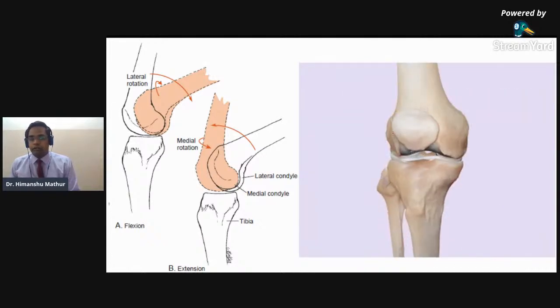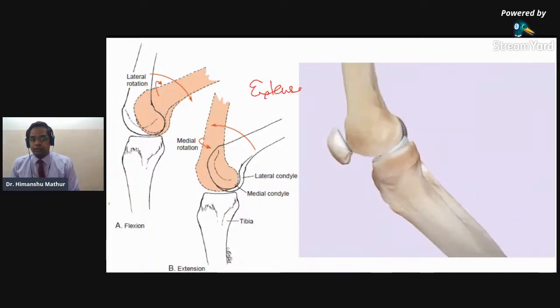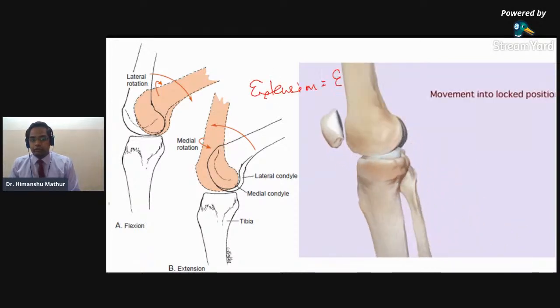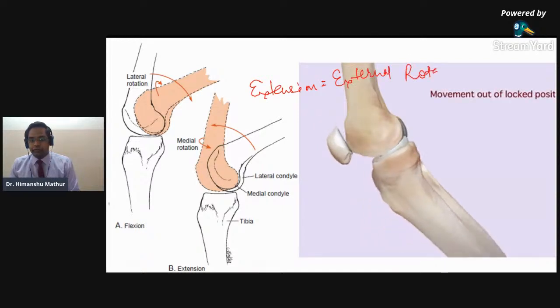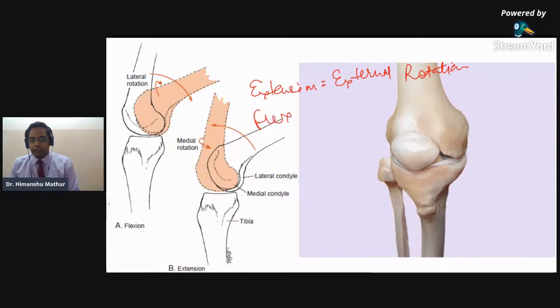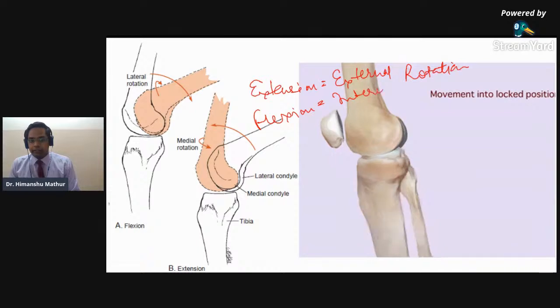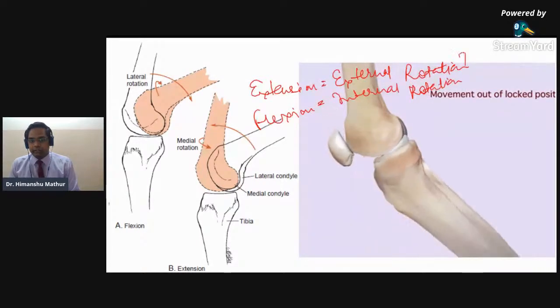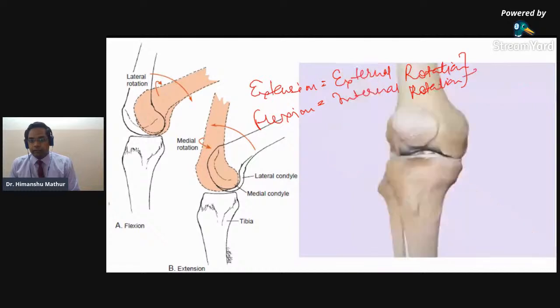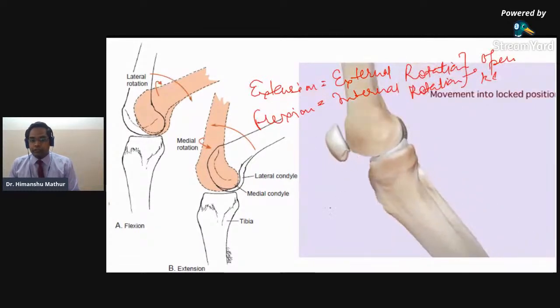Okay, so I can write it here. Extension is equal to external rotation of tibia, and flexion is equal to internal rotation of tibia. That is in open kinematic chain. Now, what about in closed kinematic chain?